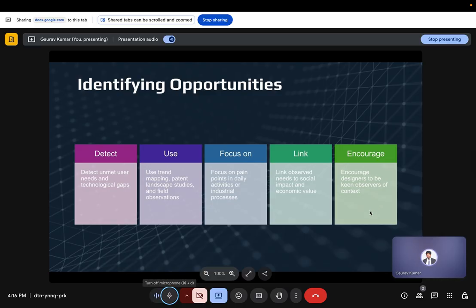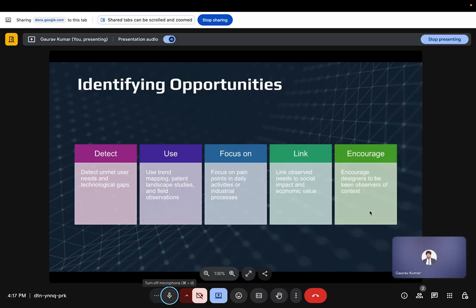Basically, opportunity identification starts with keen observation of pain points and inefficiencies across a context: homes, clinics, factories, farms. We look for friction, delay, rework, hazards, signals of value waiting to be created. Macro tools, trend mapping and technology scouting like patent landscapes, frame a strategic context.